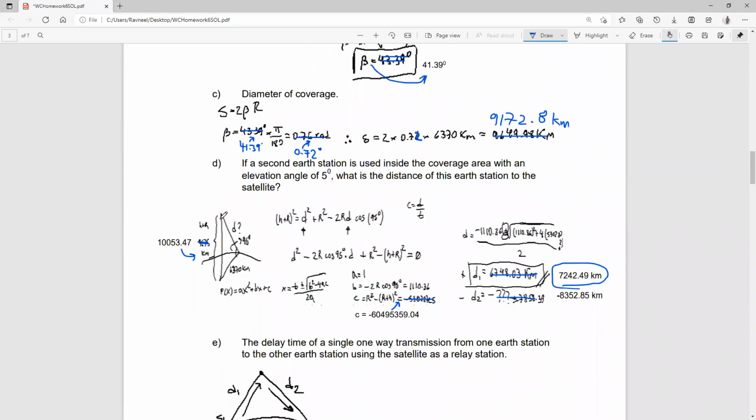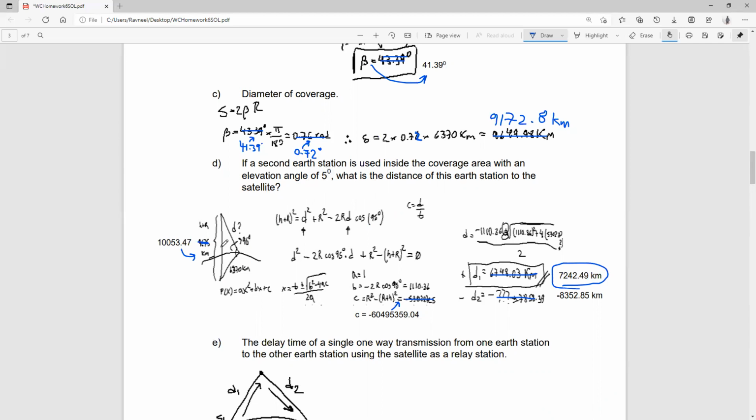Part D of this question says: if a second Earth station is used inside the coverage area with an elevation angle of 5 degrees, what is the distance of this Earth station to the satellite? The angle of elevation is 5 degrees.